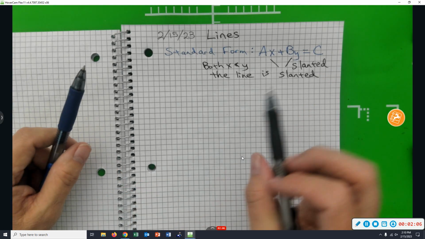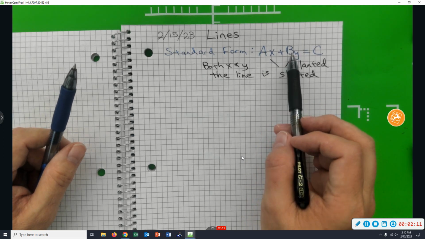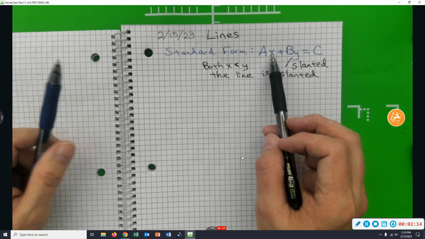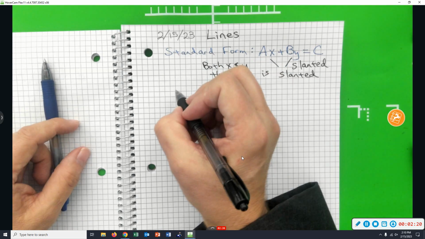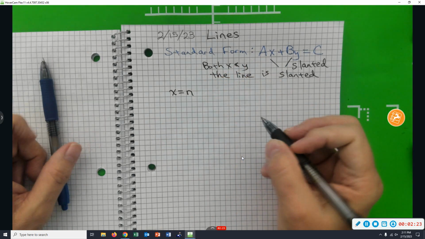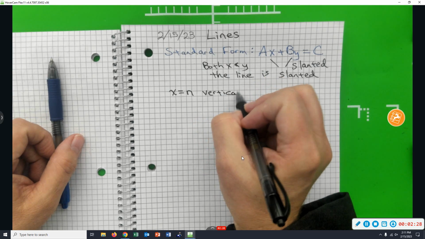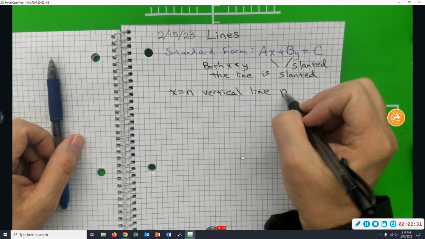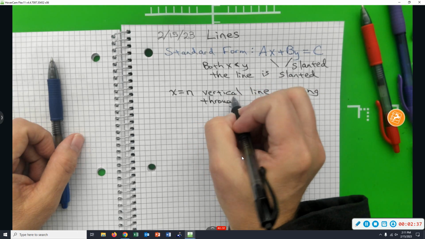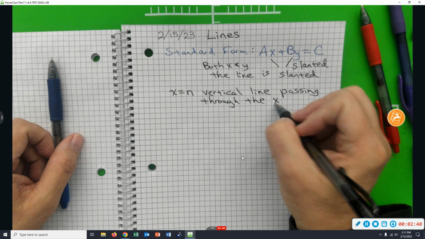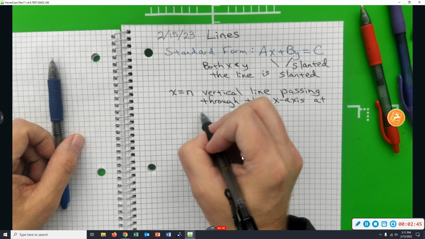And suppose the A or B values are 0. If, say, B were 0, you would only have the variable x. So if you can write the equation in the form x equals a number, then you're looking at a vertical line passing through the x-axis at the number n.